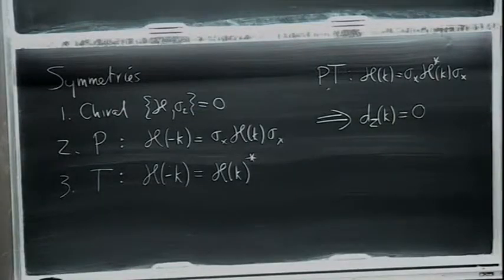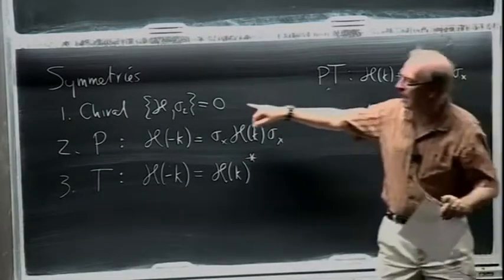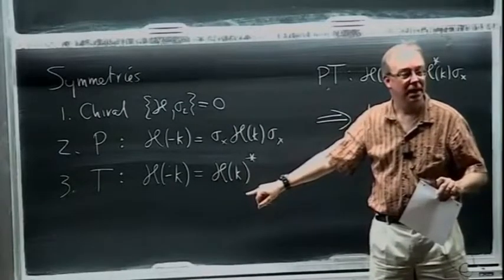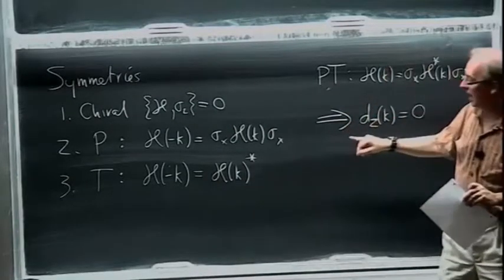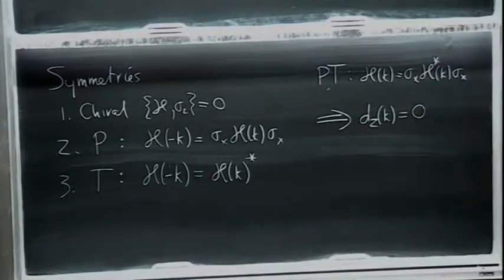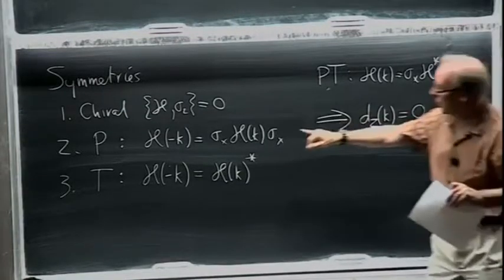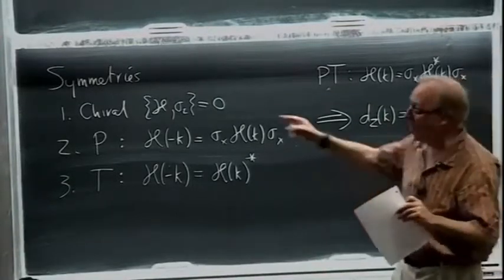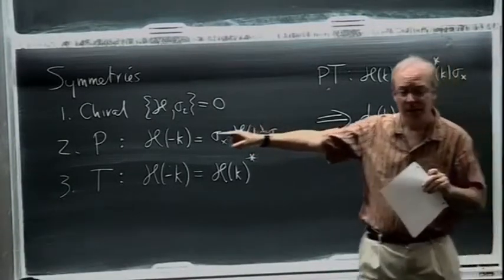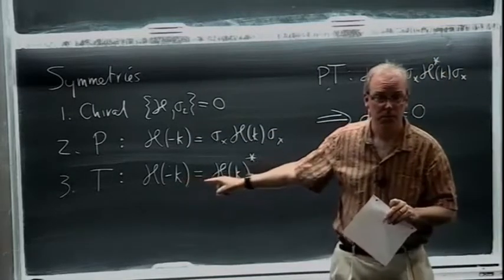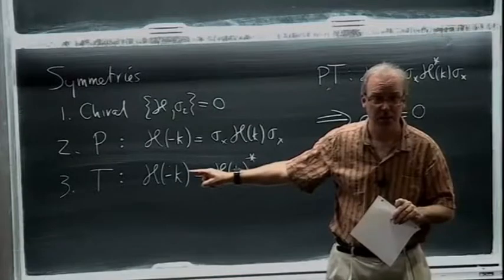So actually, we don't need the chiral symmetry in order to forbid the d_z term, provided we have P and T. Provided we have P and T, this D vector can only live on the equator of the circle. The z component has to be equal to 0.